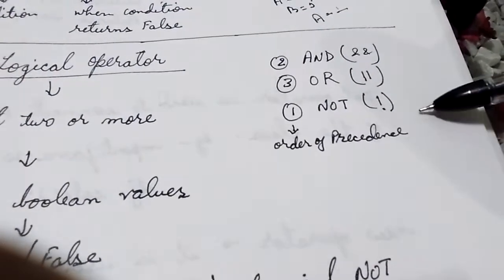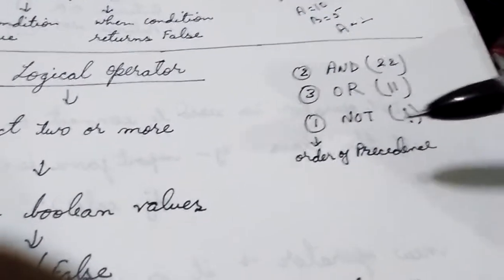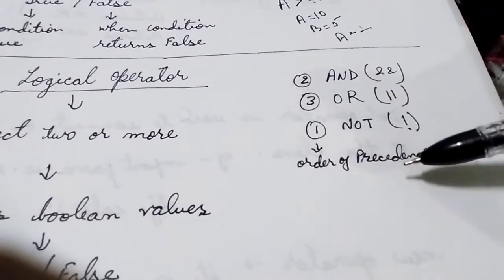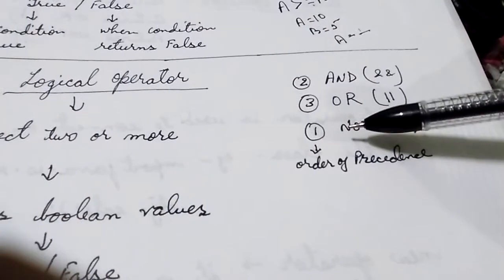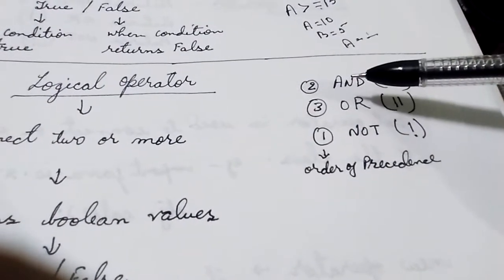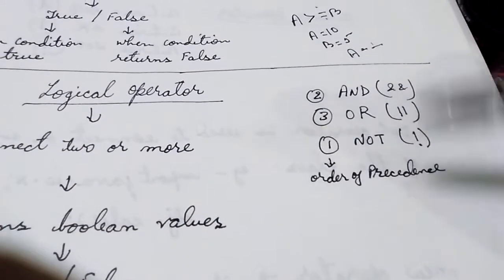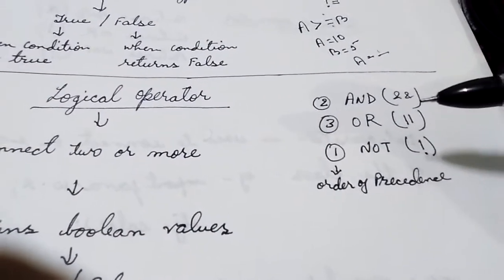According to order of precedence, now this is again a board question which you have to pay attention to. According to order of precedence, not has the higher precedence, then and, then or. One year it was given to arrange them according to their precedence order.